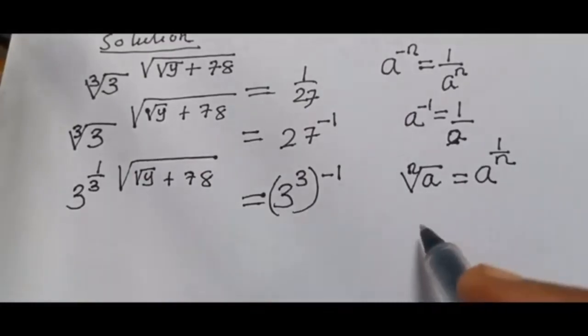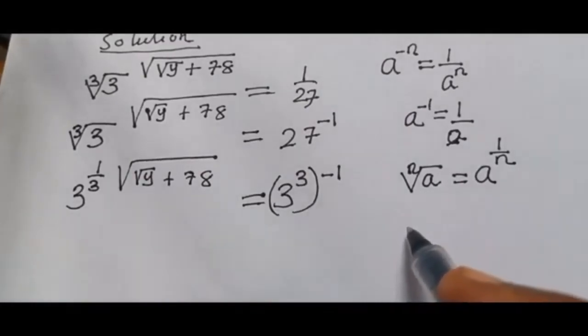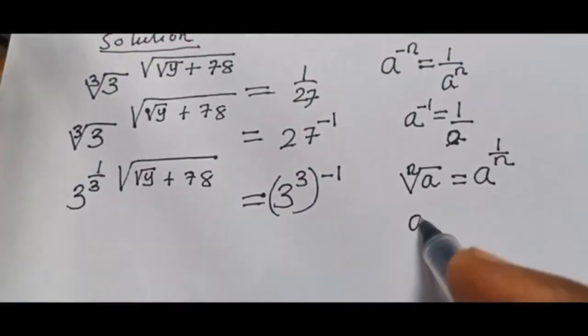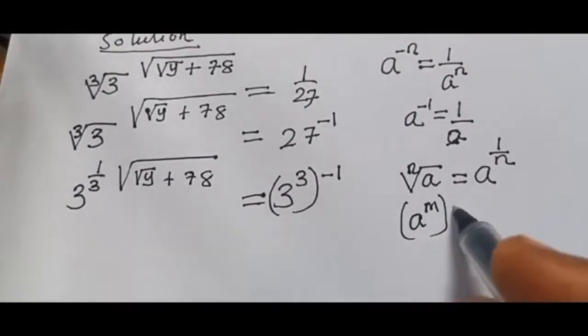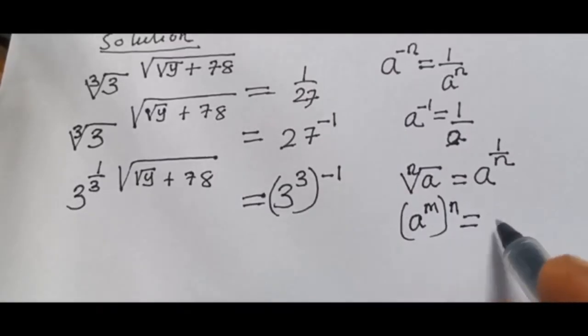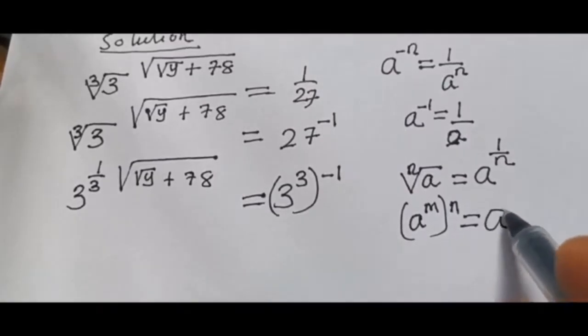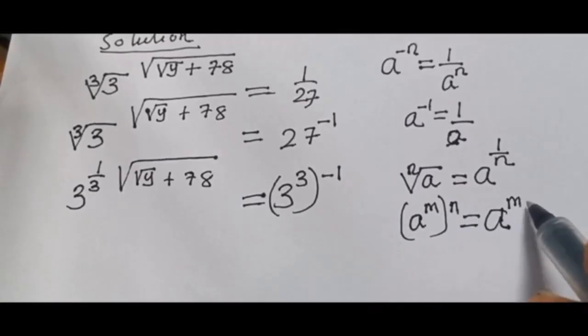Here we can also apply another law of exponent, which is a raised to m in the bracket raised to n. This is the same as to write a raised to m times n.